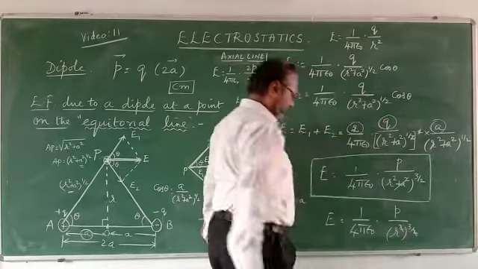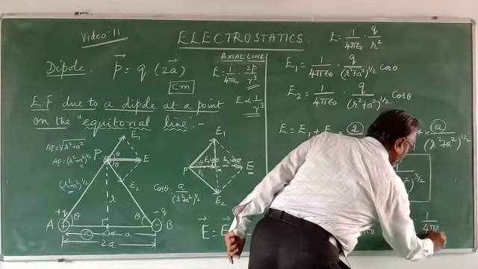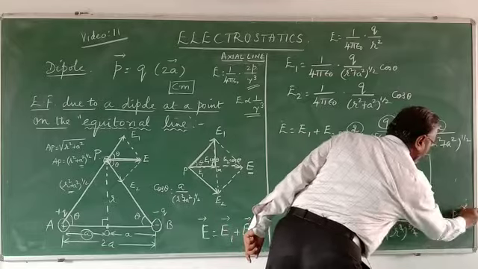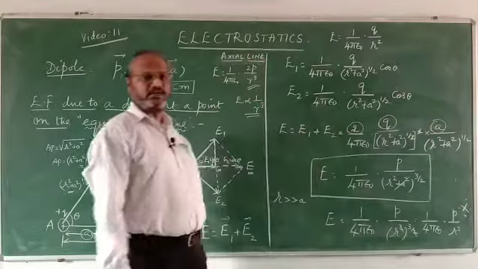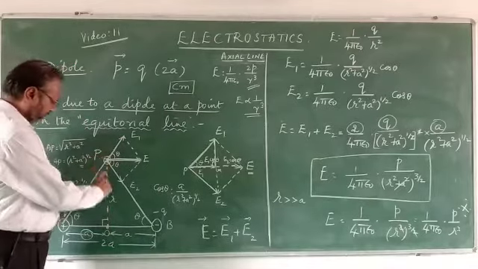Power gets cancelled. So you get the formula 1 upon 4 pi epsilon naught into p upon r cube. This is the formula for the electric field due to dipole in the equatorial line.